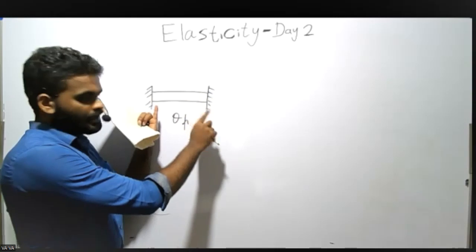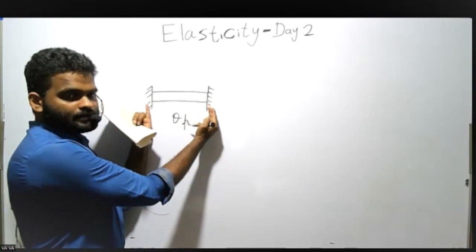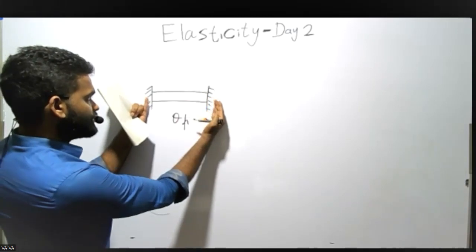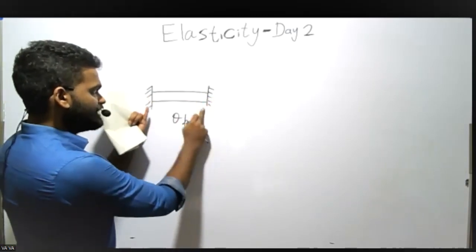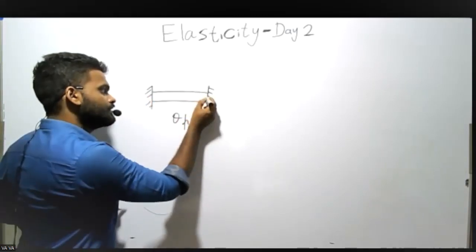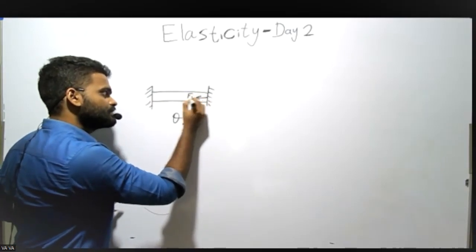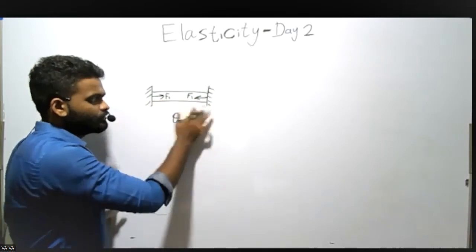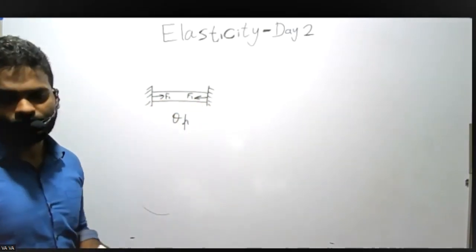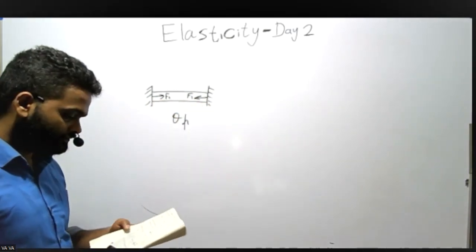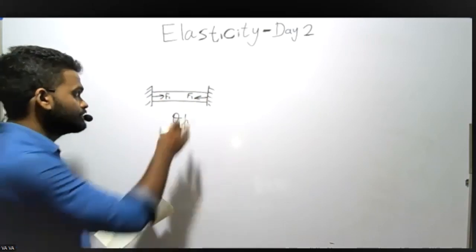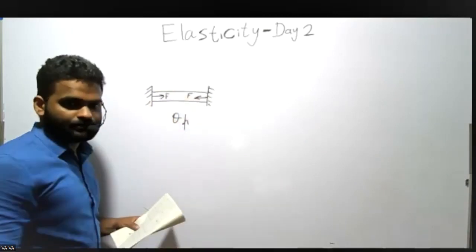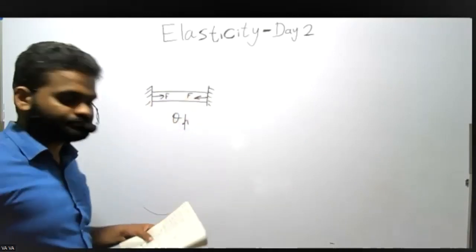Expansion is not allowed by these two walls. So what happens? It is like these walls are pushing on this rod to keep its original length, which causes compressive forces like this. Let's say F. So that's what happens as you increase the temperature.